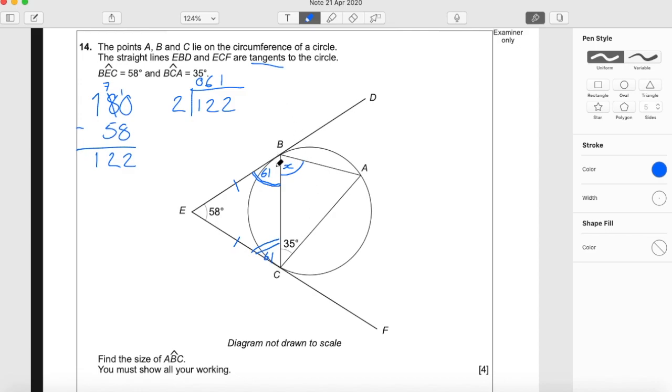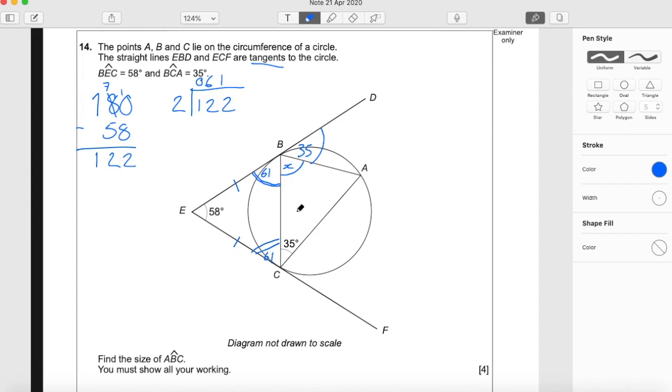We also know that this angle here, 35 degrees, must be this angle here, and this is due to the alternate segment theorem. I think I've explained this in one of my other videos, so check that out. If it's not in the WJEC, it will be in the Edexcel playlist.